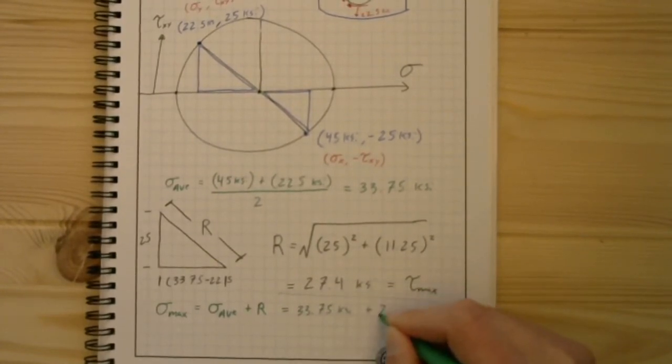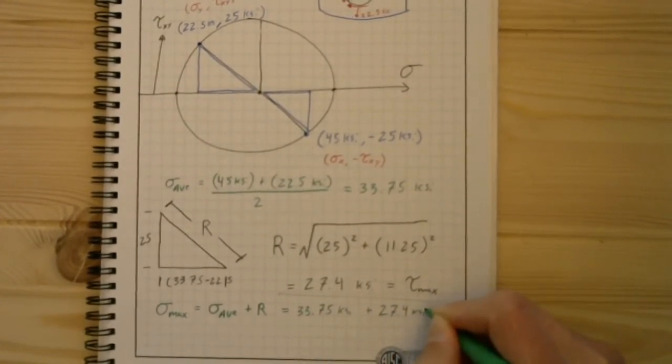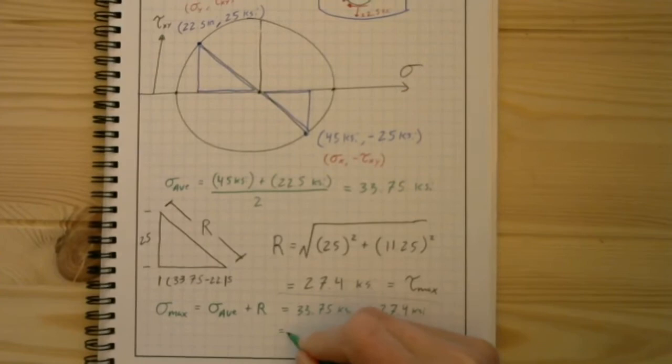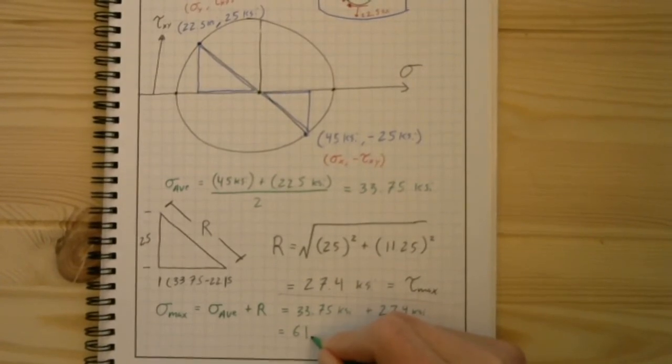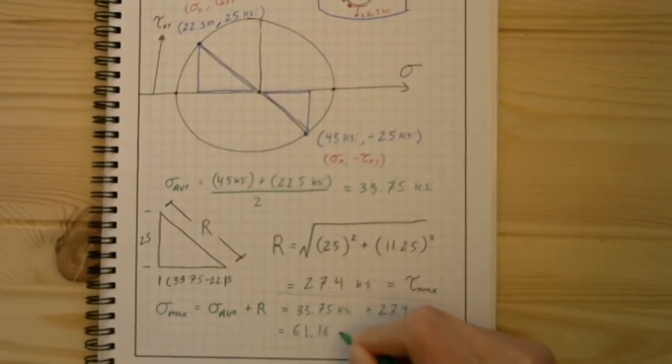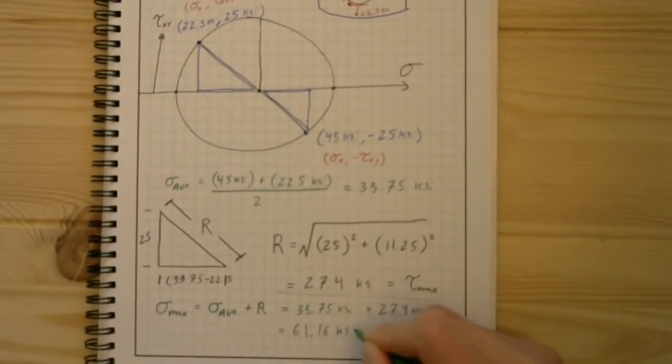The radius we said was 27.4 ksi. That means that the maximum is equal to 61.16 ksi.